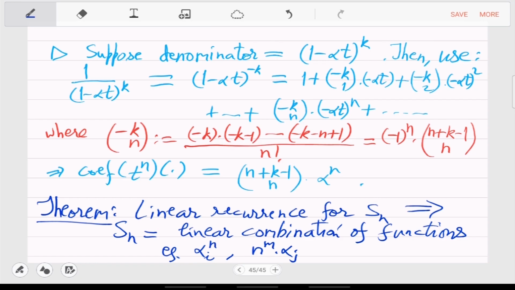Otherwise, if alpha j has a multiplicity of m, it repeats exactly m times, then you will get things like n to the m. In fact, let me not say m is the multiplicity, this can be anything. Anything below the multiplicity. Is the statement clear?